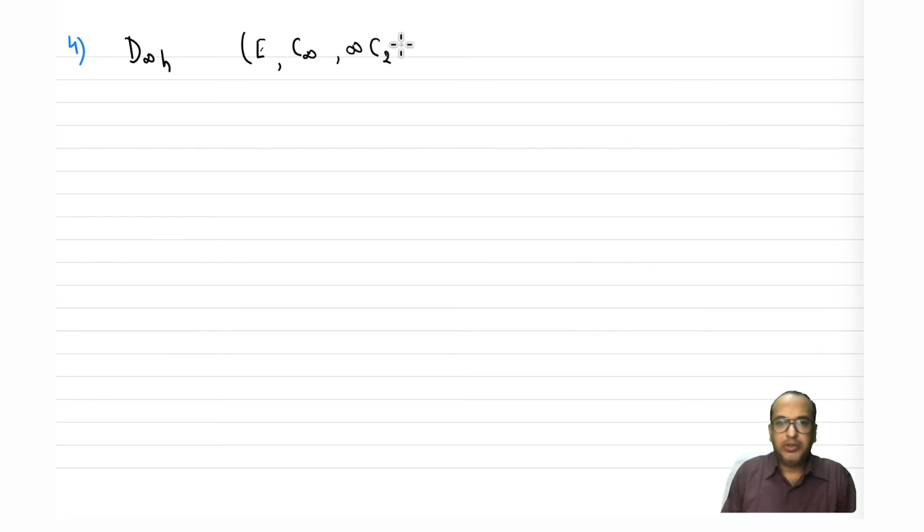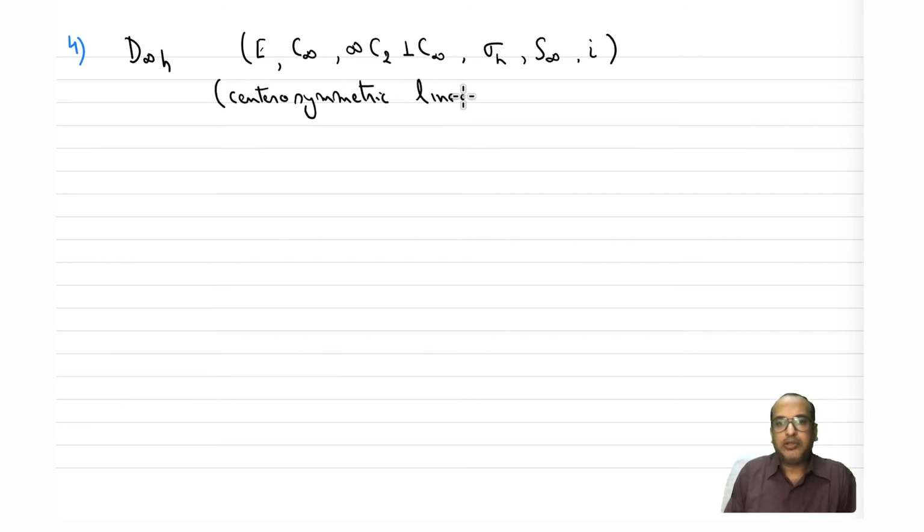Infinity C2s which are perpendicular to C infinity, and then we have sigma H, there is S infinity, and there is I. The typical characteristic of this molecule is that they are centrosymmetric linear molecules.